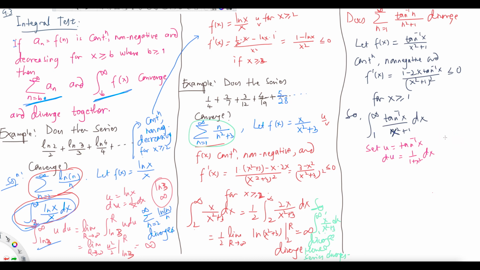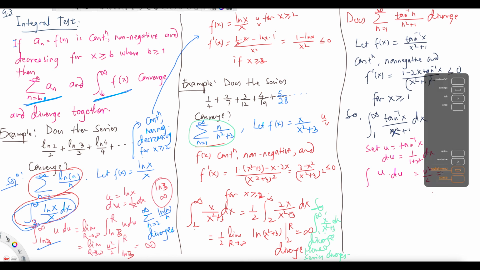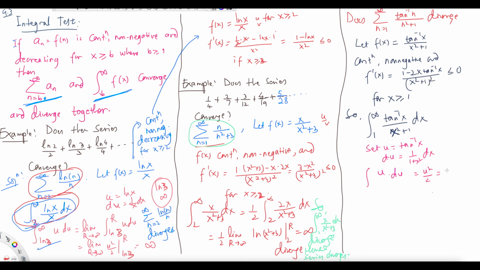We'll come back later. Okay, so this integral will become, tangent inverse x is u and then du, right? That's what you will get. So this is u, this is du, so that will be u squared over 2, right? So what do you get? u squared over 2 will become tangent inverse x squared over 2.